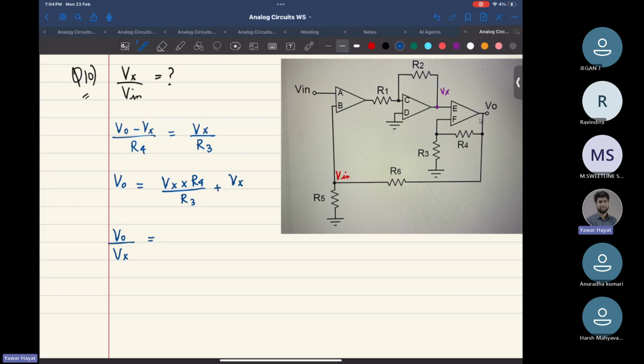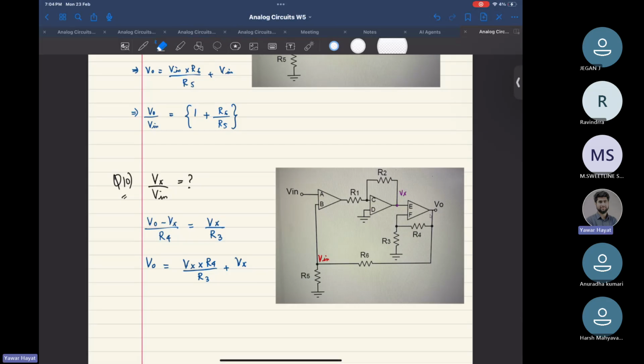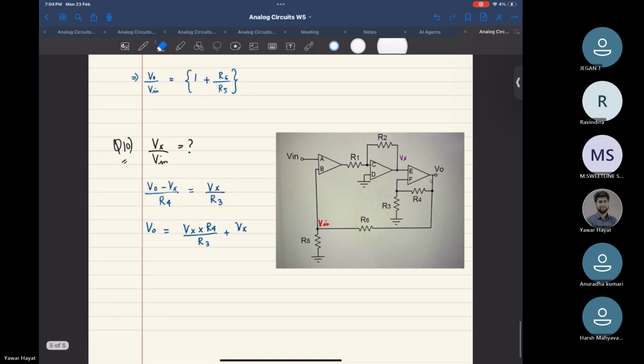Oh no, sorry. I have VO by V input. I need to compute, let's try to compute Vx over V in first, okay?